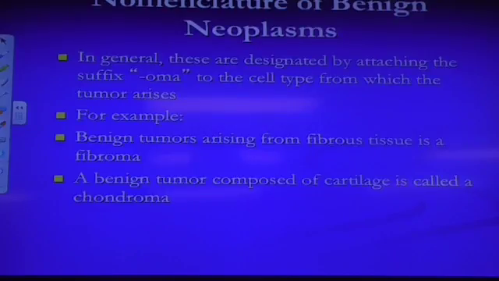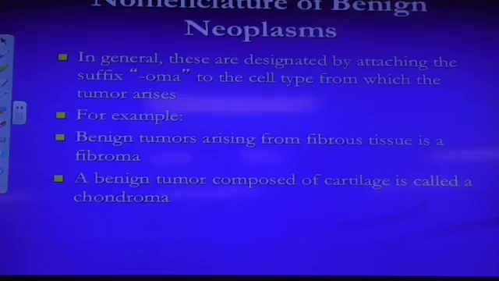So, first of all, most things ending in oma are going to be benign, regardless of the origin. It really doesn't tell you anything about the origin. Papilloma is epithelial origin. Fibroma is mesenchymal origin. It usually, not always, means benign. Carcinoma is a malignant tumor of epithelial cell origin, like squamous cell carcinoma, adenocarcinoma, meaning a malignant tumor of glands.